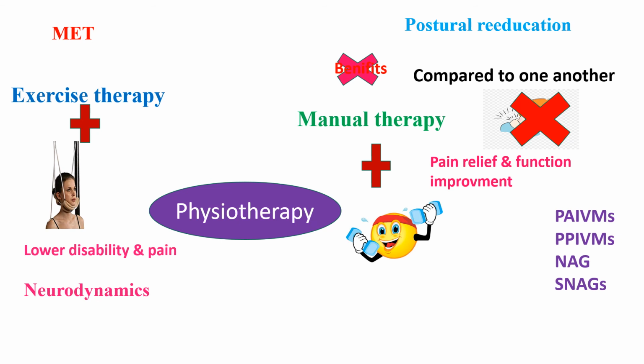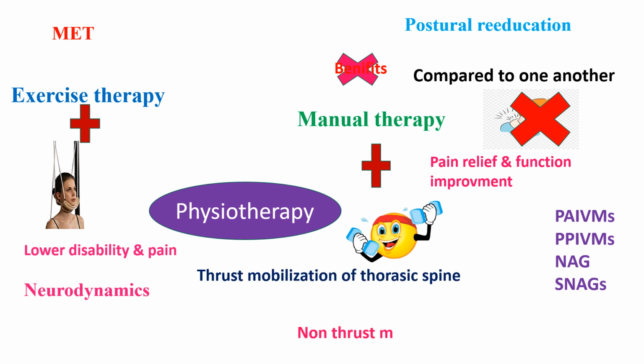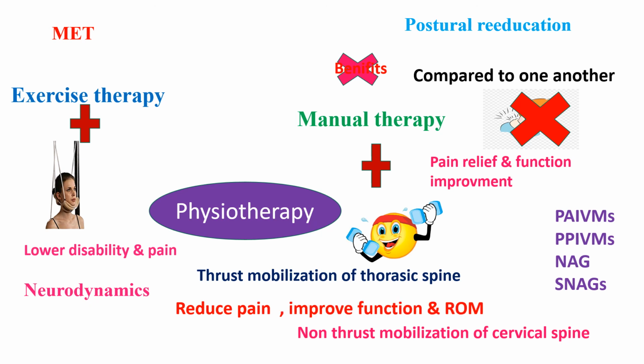According to one research in 2011, thrust mobilization of the thoracic spine and non-thrust mobilization of the cervical spine is effective at reducing pain, improving function, and increasing joint range of motion.